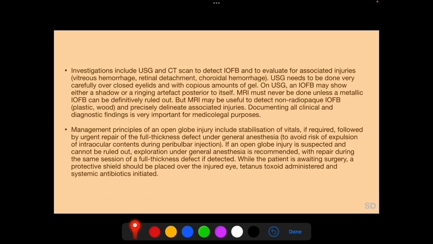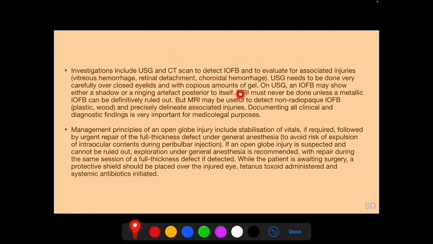Investigations include ultrasonography and CT scan to detect intraocular foreign body and to evaluate for associated injuries such as vitreous hemorrhage, retinal detachment, and choroidal hemorrhage. Ultrasonography needs to be done very carefully over closed eyelids and with copious amounts of ultrasound gel. On ultrasonography, an intraocular foreign body may show either a shadow or a ringing artifact posterior to itself.